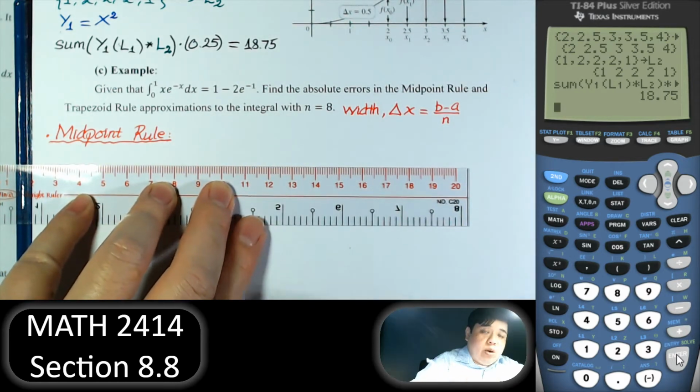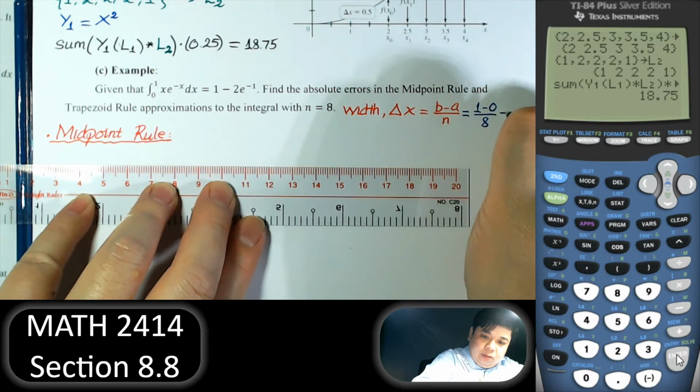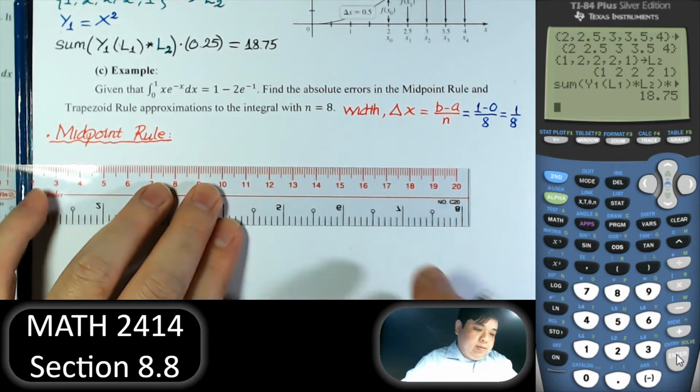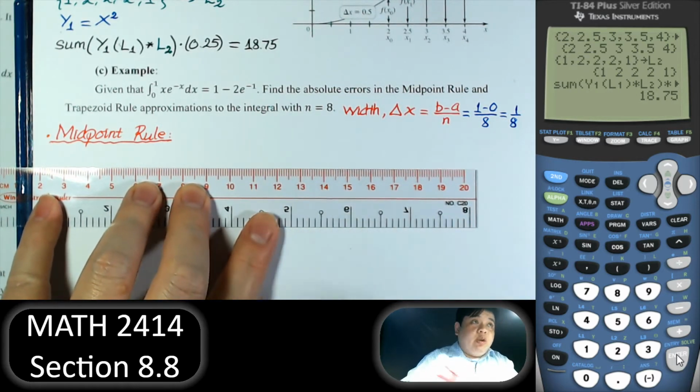So now what is the increment? The increment is 1 over 8, right? Right. So I'm just going to draw the interval.